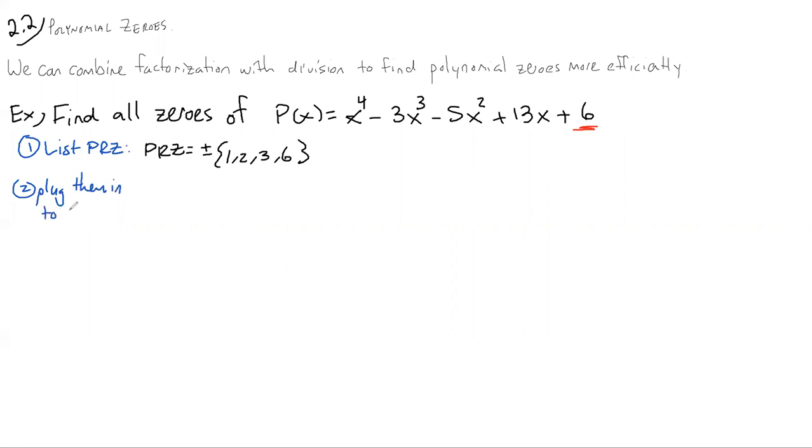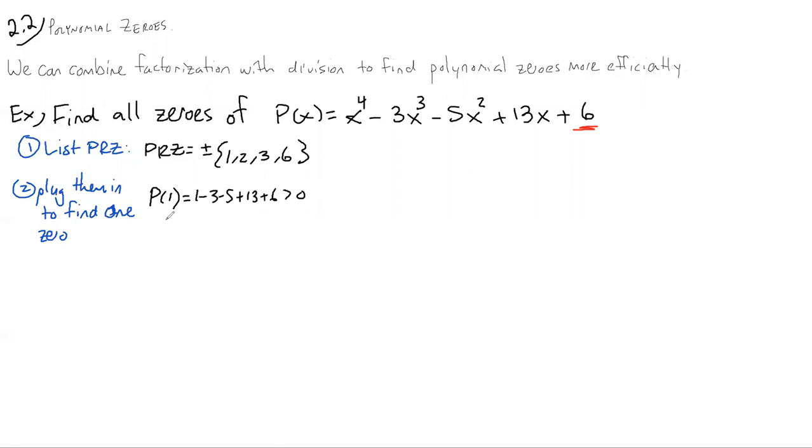What I'm going to do, though, is just find 1 zero. So I'll try p of 1. And so I'll get 1 minus 3 minus 5 plus 13 plus 6.